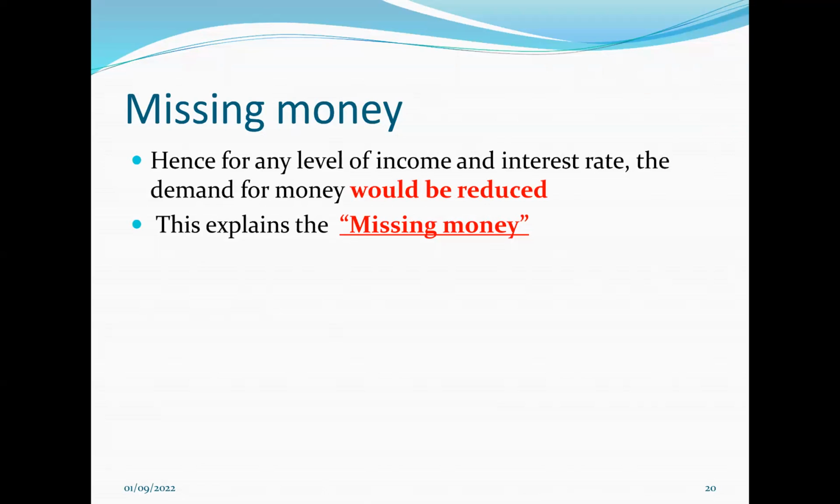I talked about the missing money theory, where people observed that practically we should have more money. According to the equation, we should have more money as we keep on releasing money into circulation.